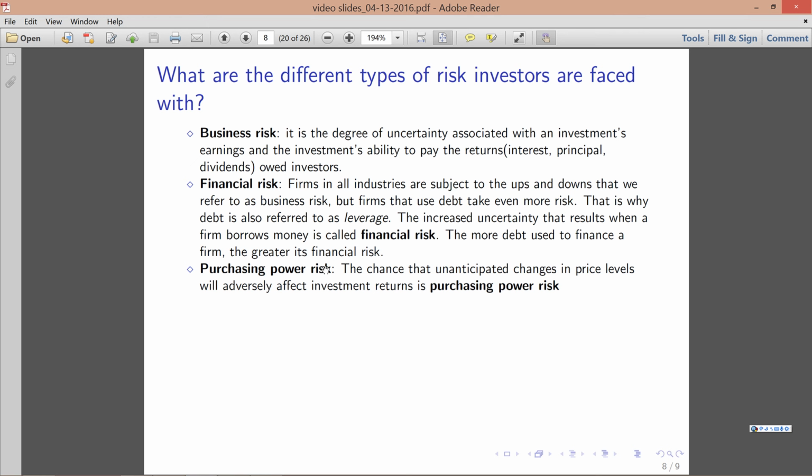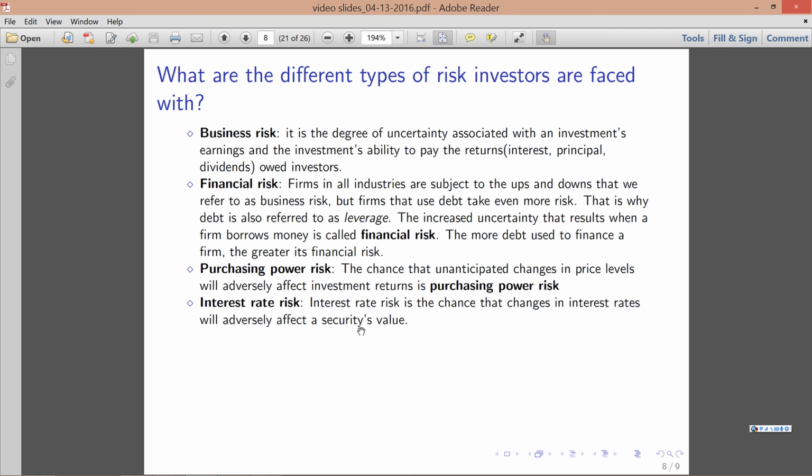Then the required rate of return you initially imposed on the price you pay might not be enough to compensate for the inflation change. Okay, so that is the risk you're faced with. Or on the other hand, if the actual inflation turns out to be smaller than what you expected, then you're overly compensated. Okay, so those are the uncertainties.